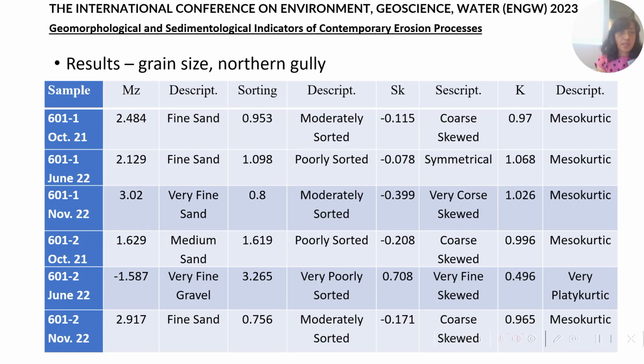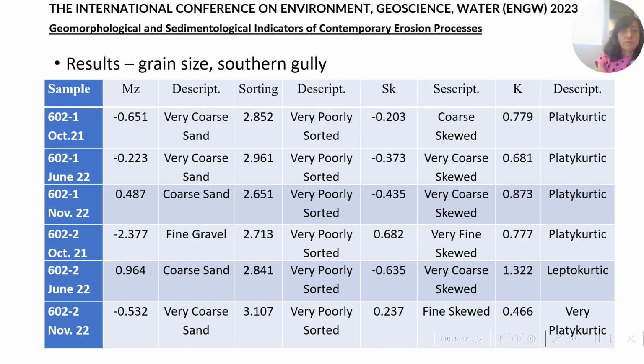Regarding the results of the grain size parameters, almost in all cases we can see poorly, very poorly, or moderately poorly sorted materials, which confirm the non-permanent flow of the area and the high dynamics of the environment regarding the transport and deposition conditions.